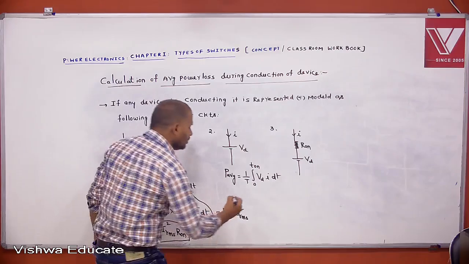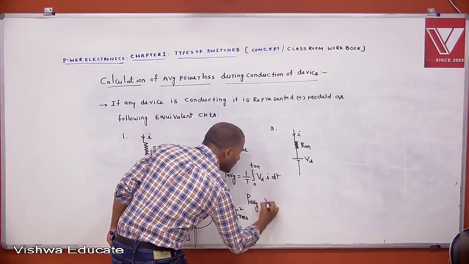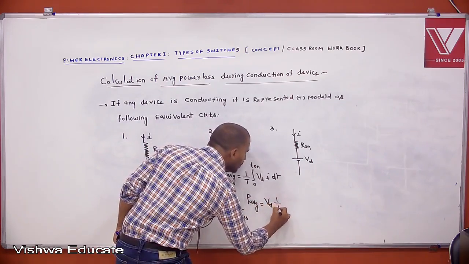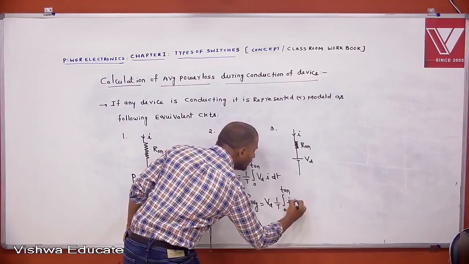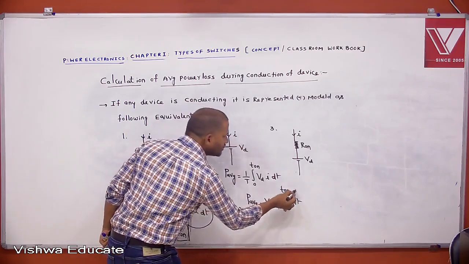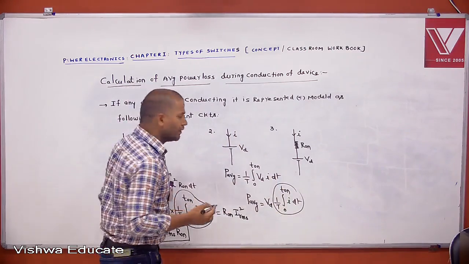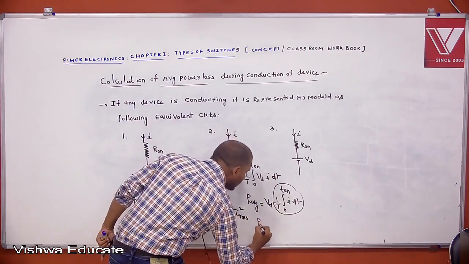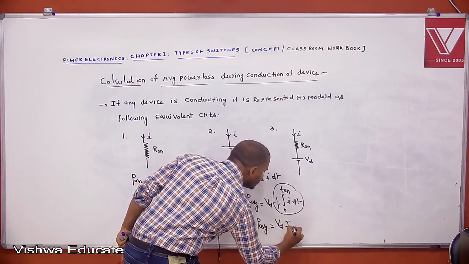Now you simplify this one. P average equals, Vd is constant now, Vd into 1 by T integral 0 to T on I dt. Then what does this formula indicate? I average. Then average power loss is Vd into I average.